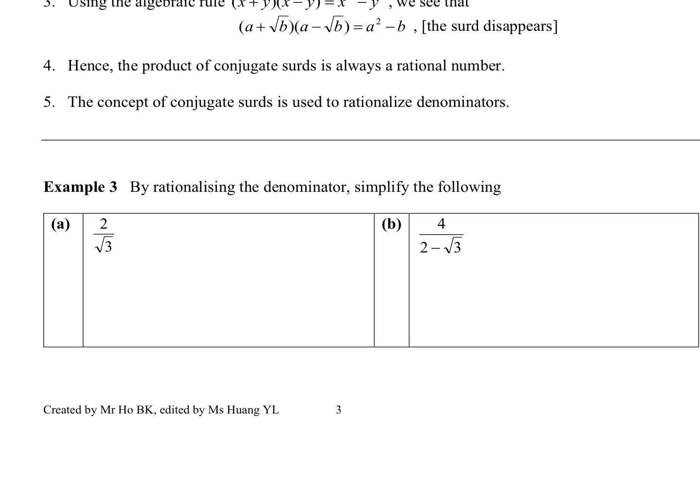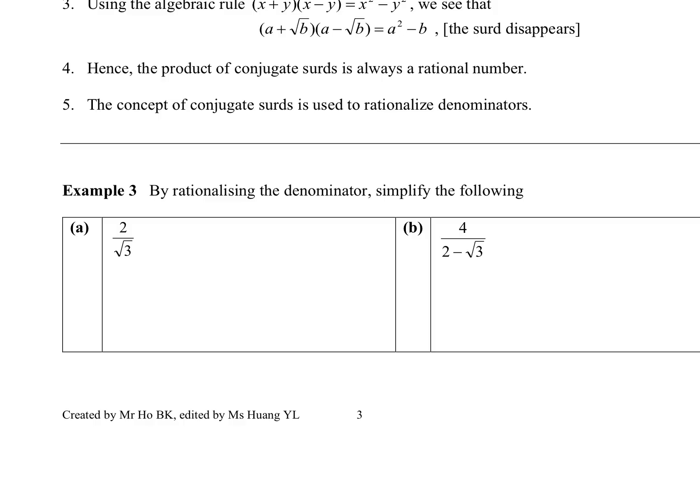Okay, I want to talk about how to rationalize. Rationalize means you want to get rid of the square root in the denominator. You want to make it into a rational number. So how to get rid of this root 3? We cannot square the fraction, but we can multiply numerator and denominator by the same thing.